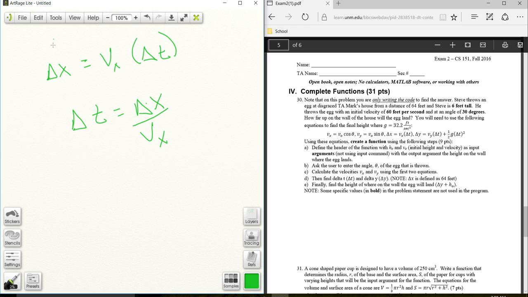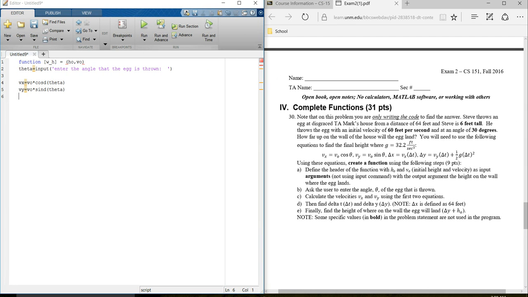And somewhere at the top we should have delta x is equal to 64. So when we come over here, dx is equal to 64. We could say dt is equal to Vx times dx.